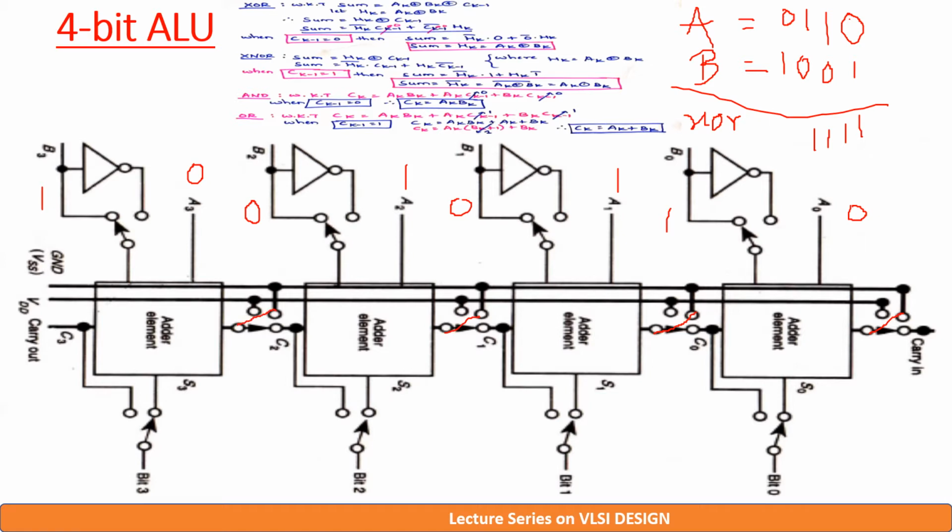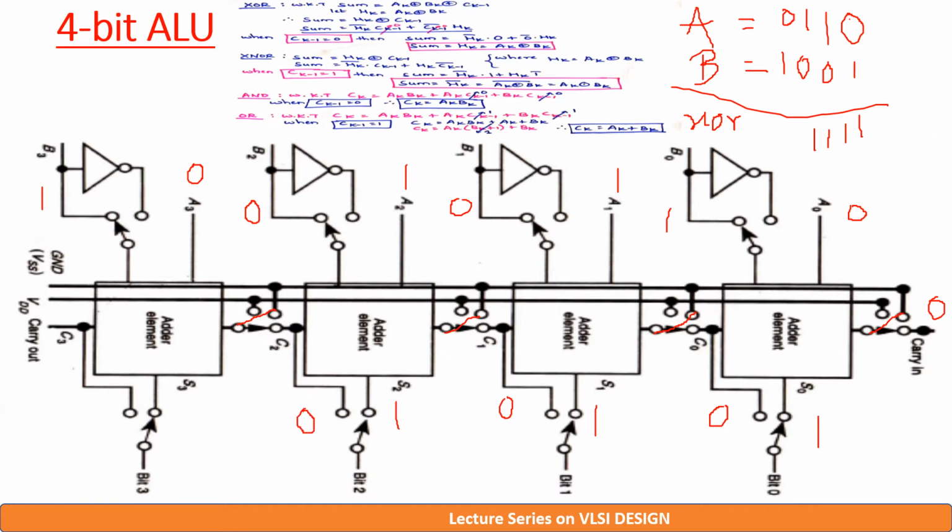And for XOR, we will be considering sum output. So carry input 0, A0, B1, hence sum is 1, carry is 0. A1, B0, carry input 0, therefore sum 1, carry 0. Similarly for third block, A1, B0, carry input 0, hence sum is 1, carry is 0.